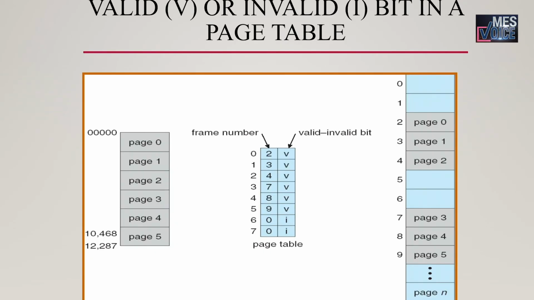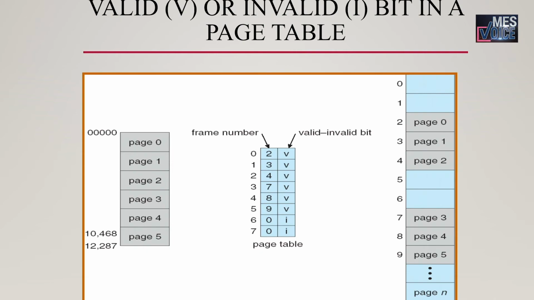So, this particular figure explains the valid or the invalid bit given in the page table. Here also we can see the logical address, page table as well as the physical address. And in the page table one additional column is provided, that is nothing but the valid and the invalid bit.